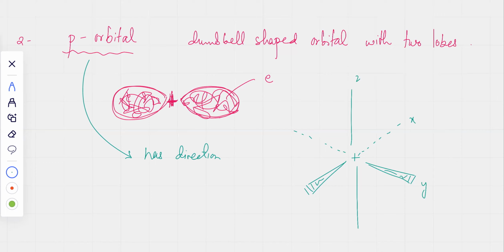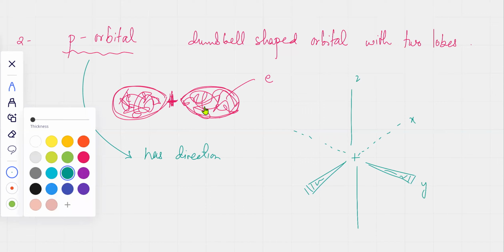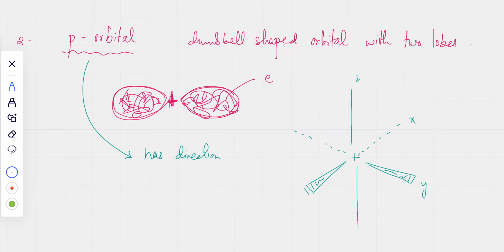Now this particular orbital can have directions. It might exist on the x-axis, so the electron might occupy areas that are around the x-axis. The electron would be buzzing somewhere in this area. That's known as a px orbital.